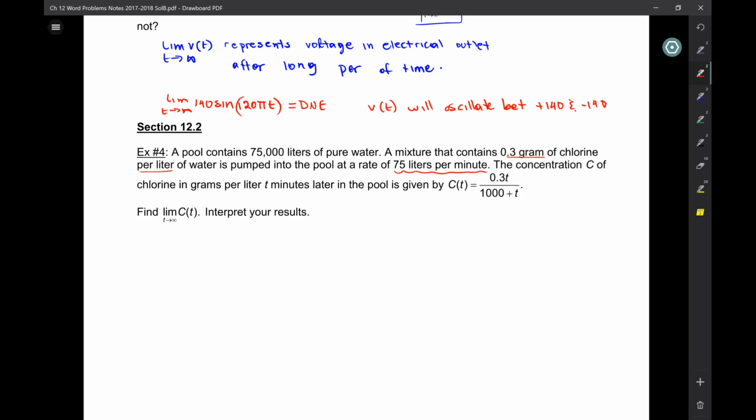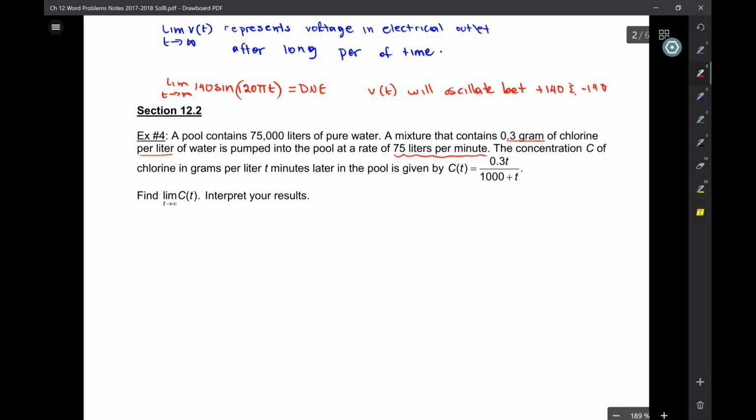It's continuously being pumped into the pool, and the solution is 0.3 grams per liter. The concentration of chlorine in grams per liter t minutes later in the pool is given by this.